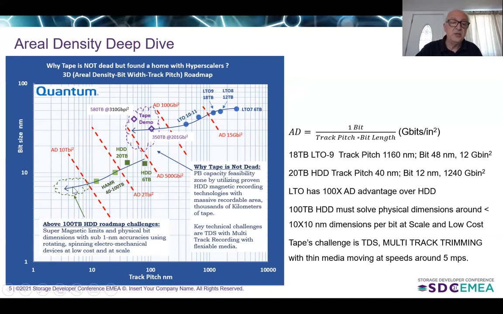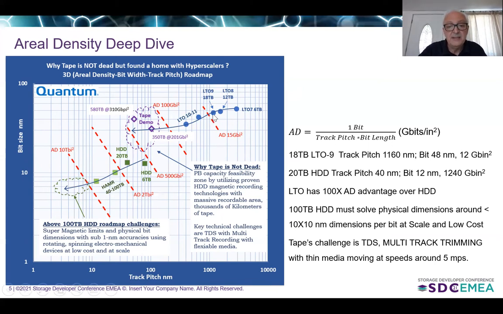For disk to achieve 100 terabytes and higher, it needs to go beyond 10 terabit per square inch areal densities, which is shown here. That zone is less than 10 nanometers track pitch and less than 10 nanometers bit length. In this area, you face not only superparamagnetic limits, but also physical electromechanical limitations due to servoing, tracking, trimming, and so forth.